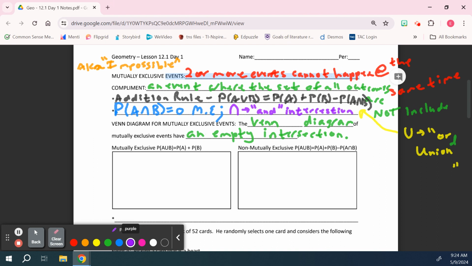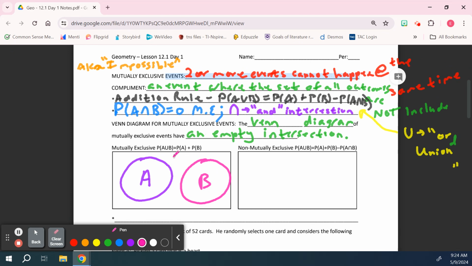So, just for visualization purposes, we're going to talk about a mutually exclusive event. That's telling me that if I have event A and if I have event B, these do not intersect. There's nothing in common between the two events.